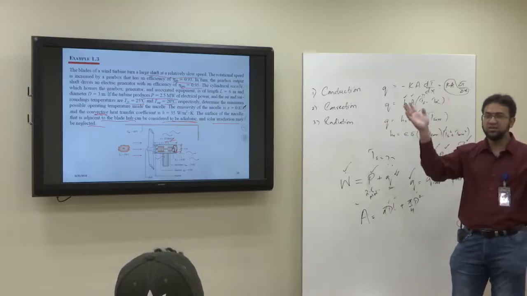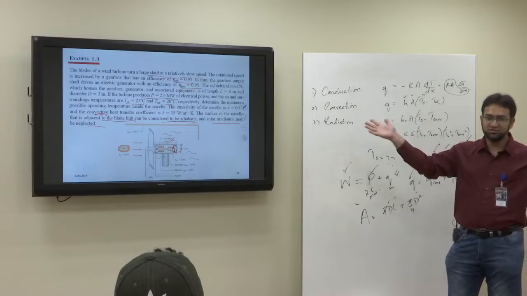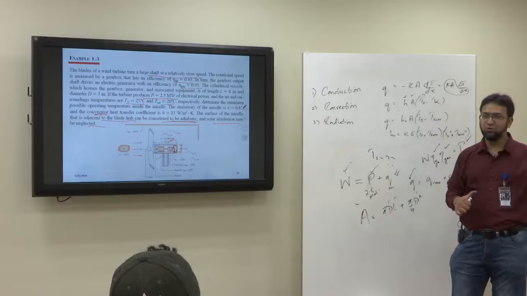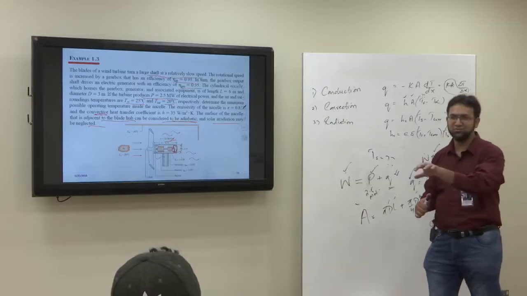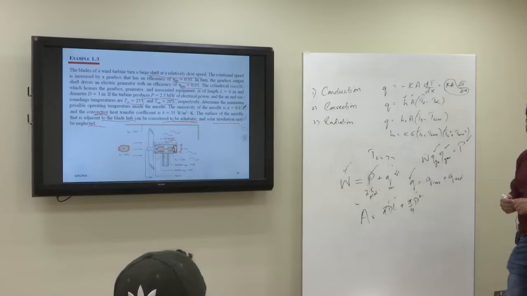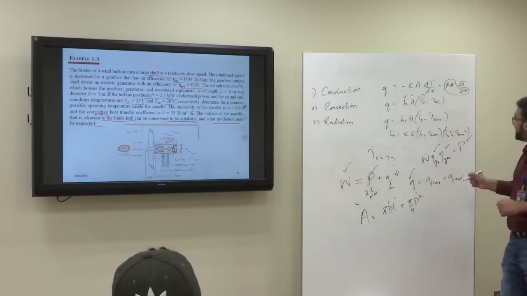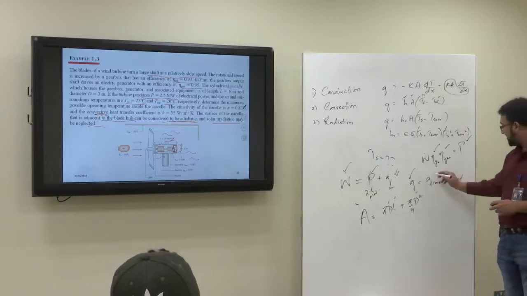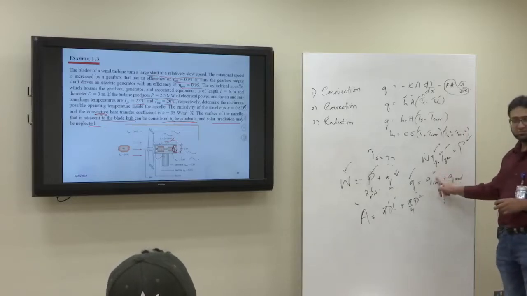T surrounding is the normal atmosphere temperature, the weather machine or the internet which tells you today is that much temperature. That's the T surrounding. So T infinity is known. Only Ts is unknown.